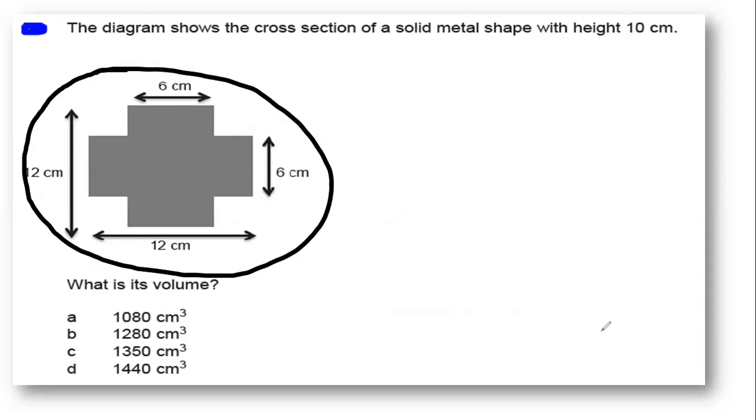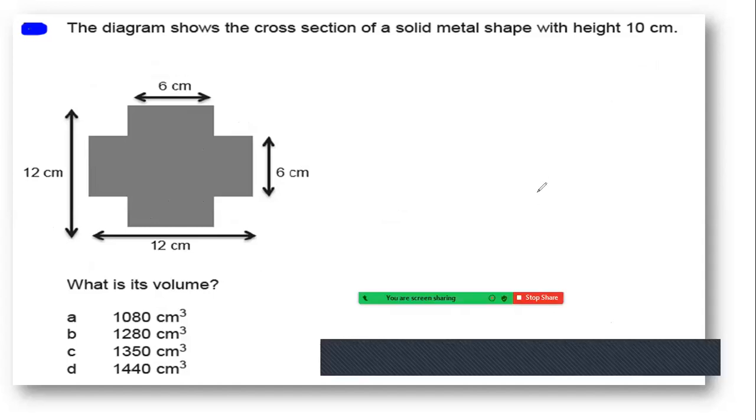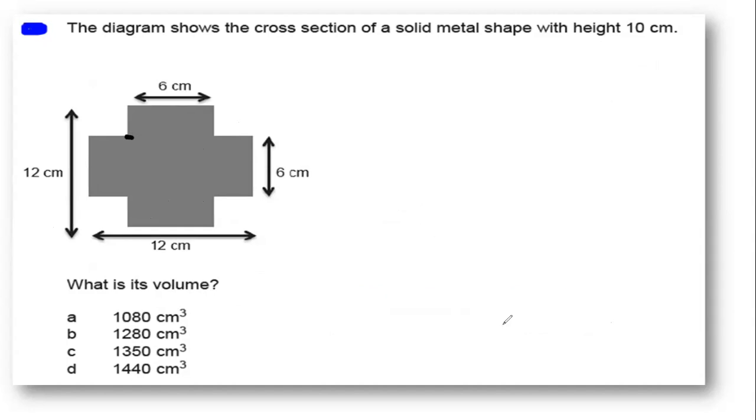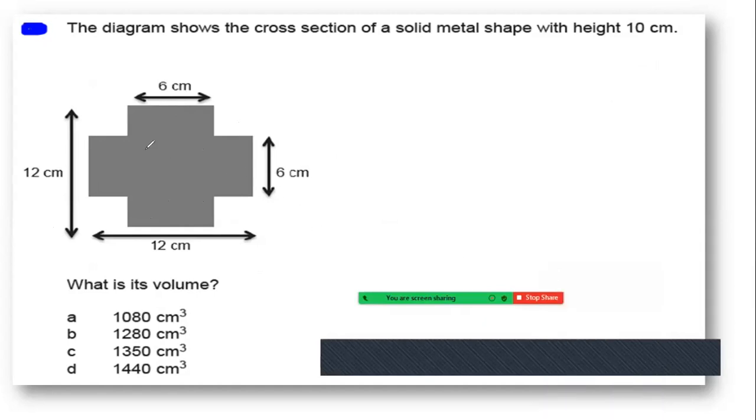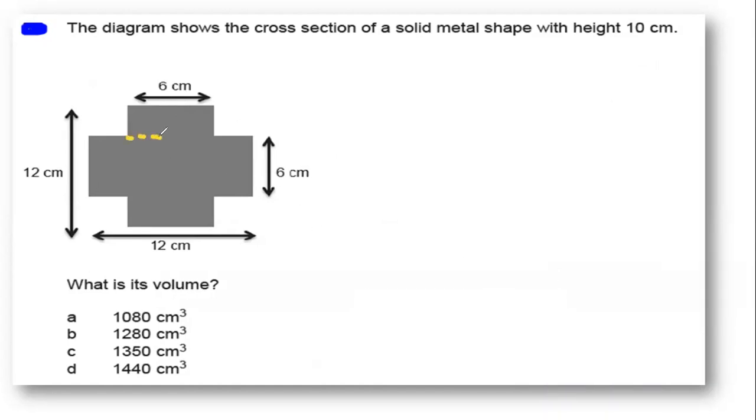So this one's a little bit tricky. Watch carefully though. What I'm going to do is break up this figure here. Let me use a different color. So this is an irregular shape.